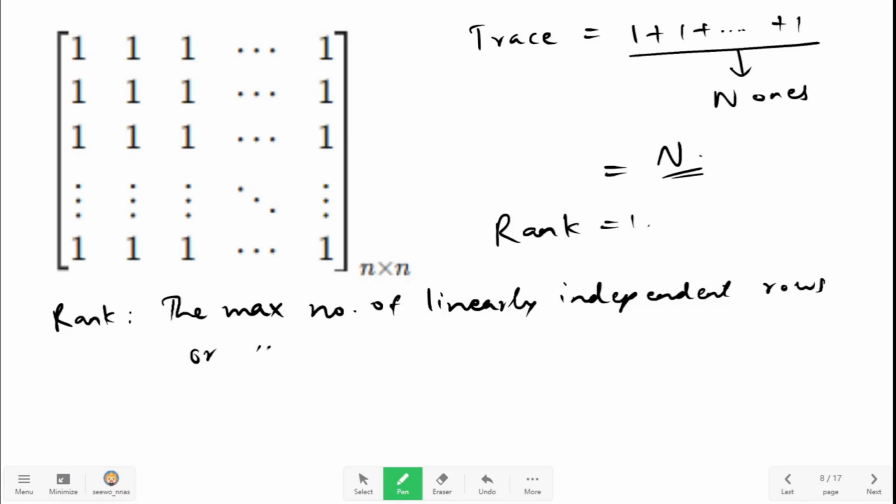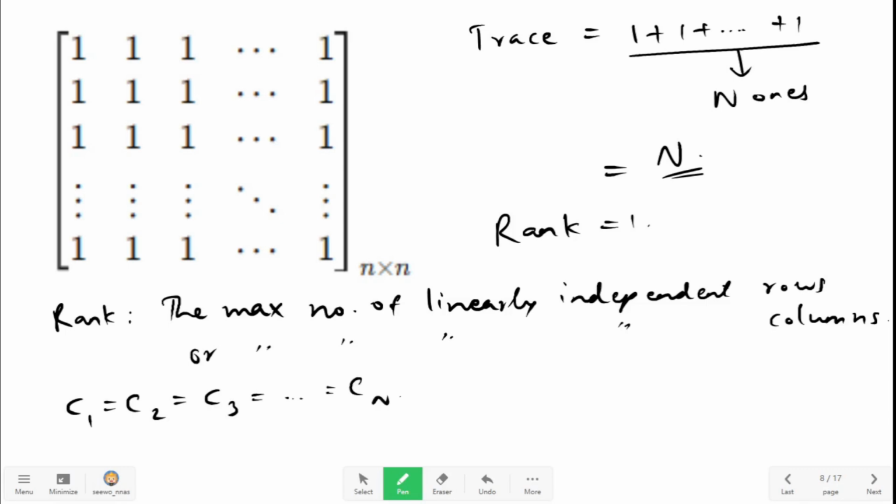Now we can see that column 1 is equal to column 2 is equal to column 3 is equal to etc. is equal to Cn.